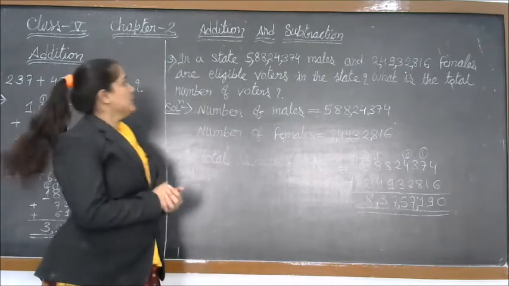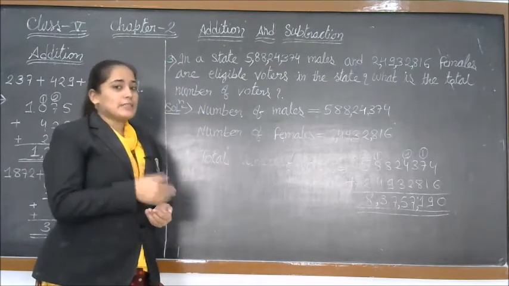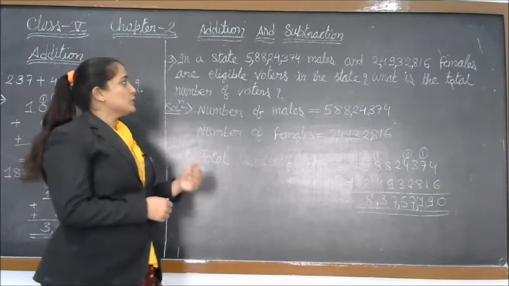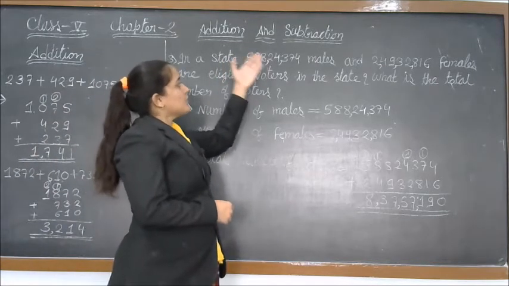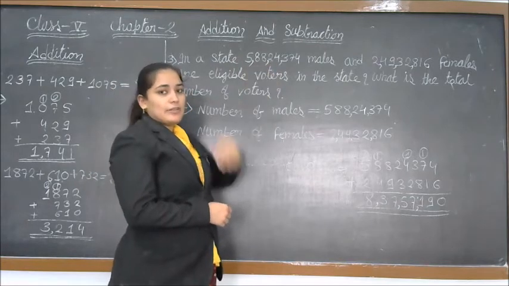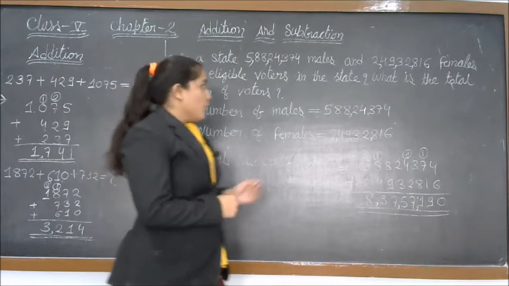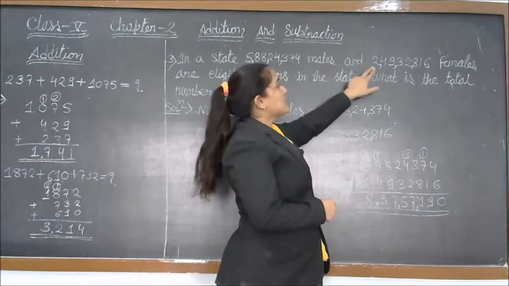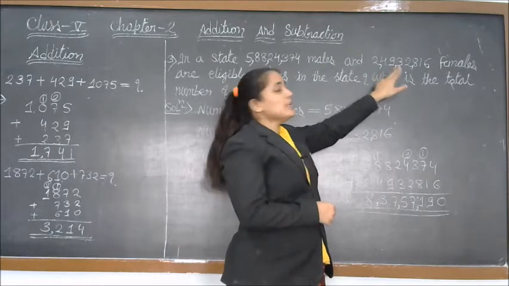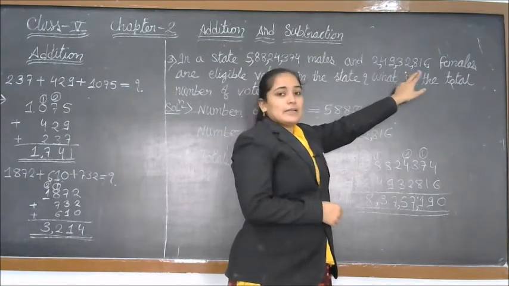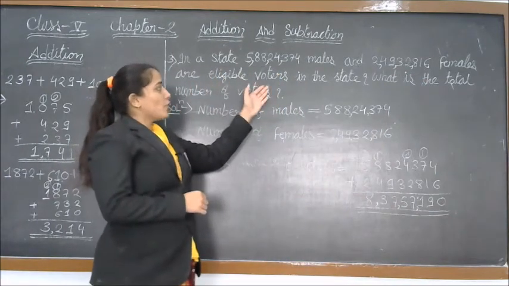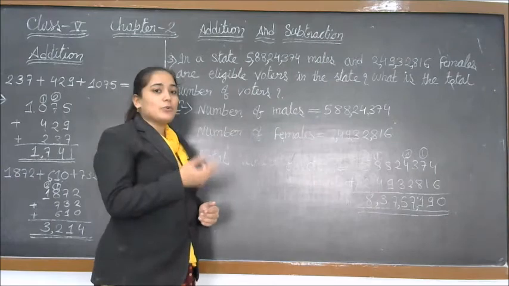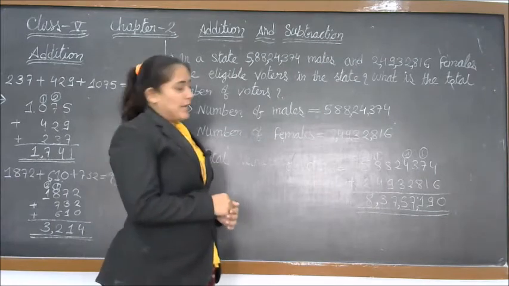Means in a state there are a number of males and a number of females here. So how many males in a state? 5,88,24,374 males. Now what about the females? Females are 2,49,32,816. They are eligible voters in a state, meaning who have to give the vote in an election.